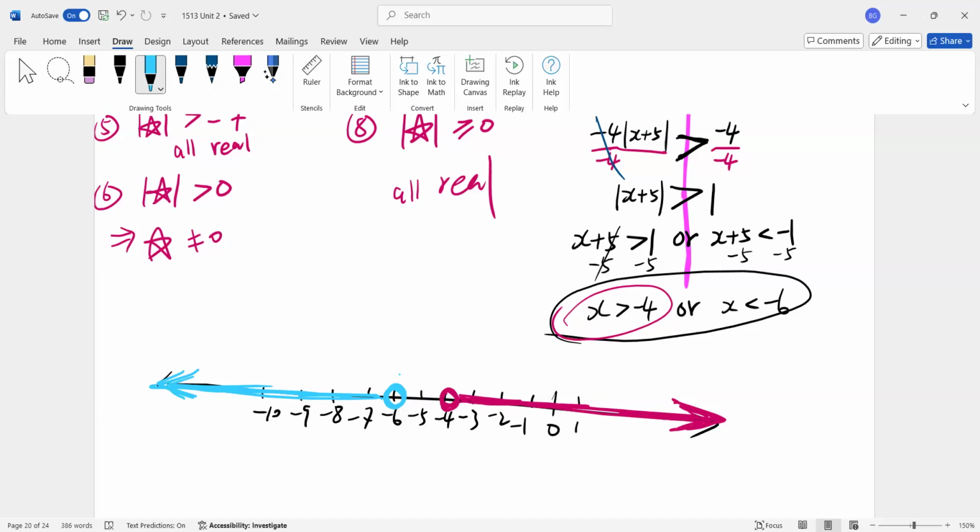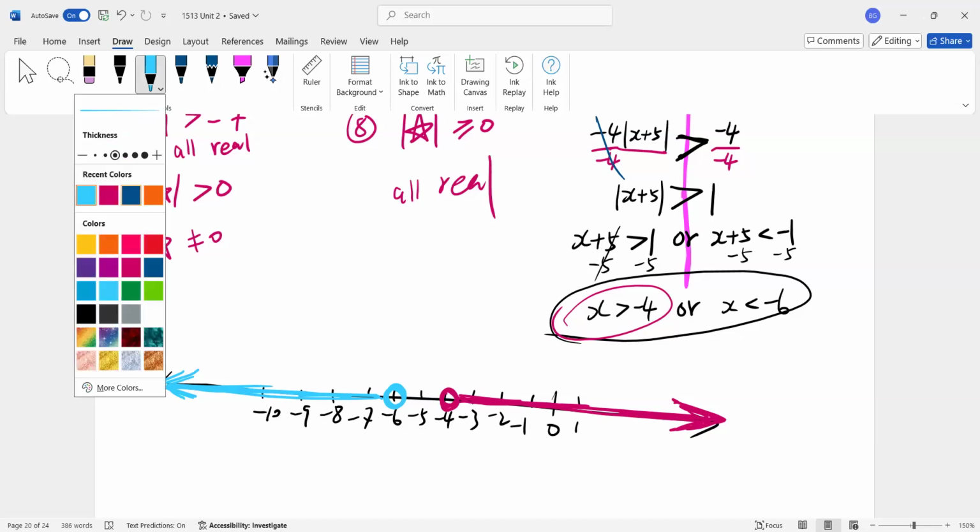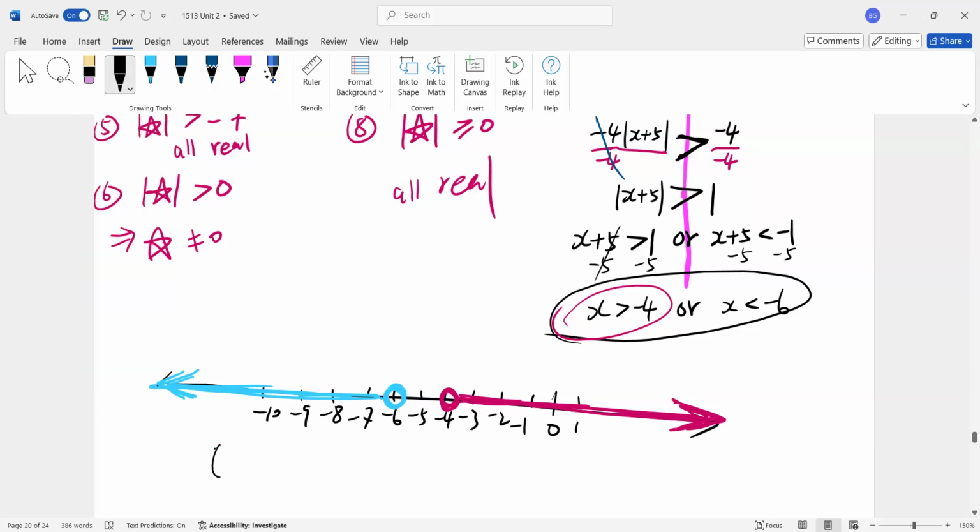Then your answer is going to be the blue piece, negative infinity to 96, open, open, union 94 to infinity, open, open. This is your solution, a union of two intervals. Union in logic represents OR.